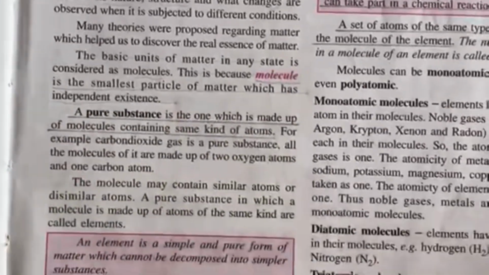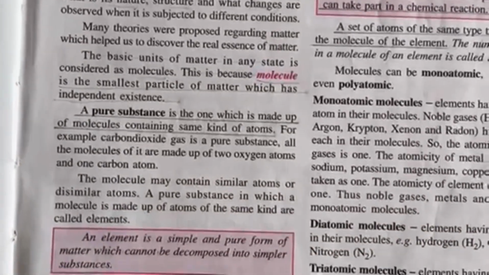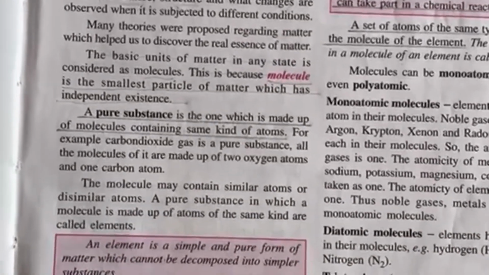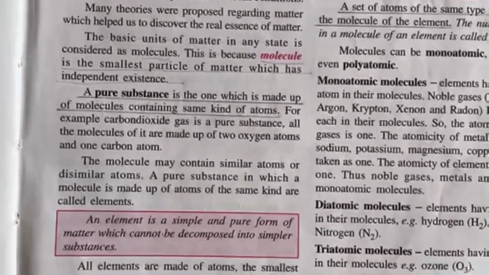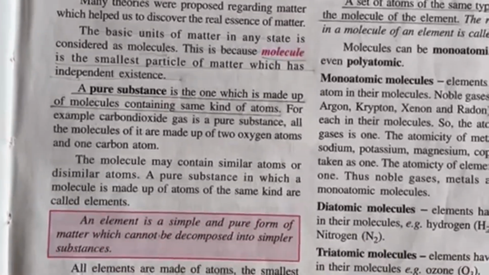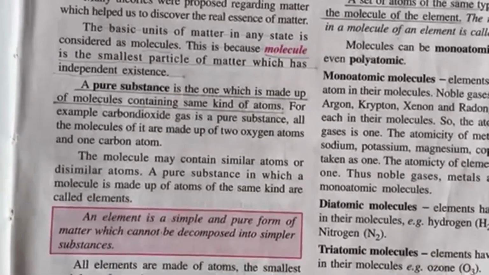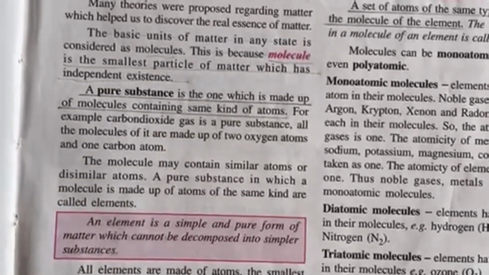Now, when we talk about molecules, first we have to know about a pure substance. So, what is a pure substance? A pure substance is one which is made up of molecules which have the same type of atom, the same kind of atom. So, that is your definition for a pure substance. Please underline the definitions.